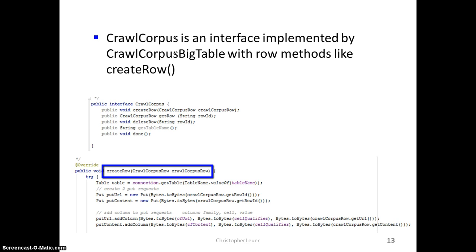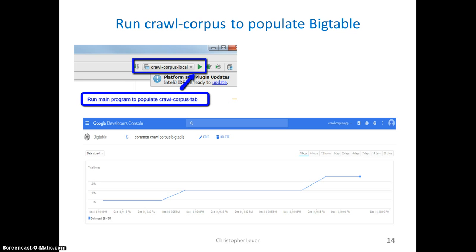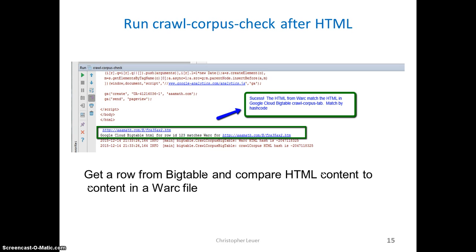You can find that in my source code. When you run crawl corpus, it will populate the Bigtable, and you can see how much data is getting inserted each time you run it by viewing the Google Developers Console for the cluster. Here I'm just viewing the cluster from the console.